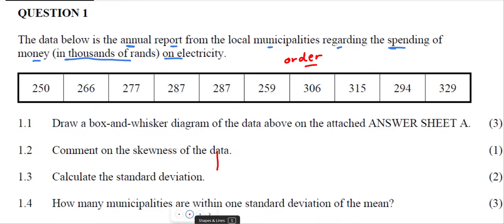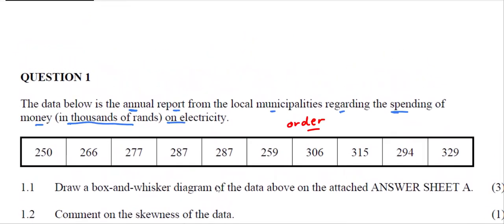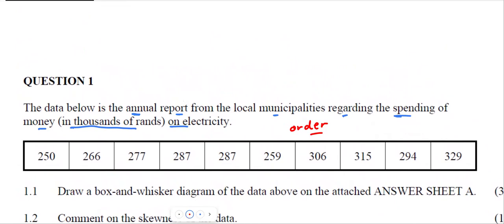According to the given numbers, the least value or the smallest number that we have here is 250. So first of all, we have to rearrange. All right, let us rearrange.